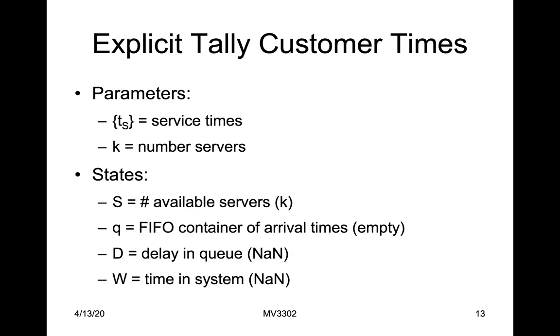Until then, the delay in the queue really has no meaning, so its initial value is undefined. And likewise, the time in the system, the time between when they arrive and when they finish service. Again, initially it's not zero, it's nothing yet.